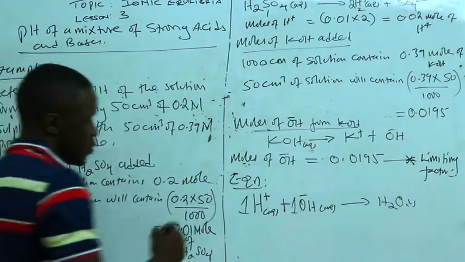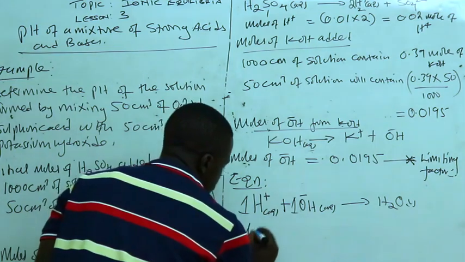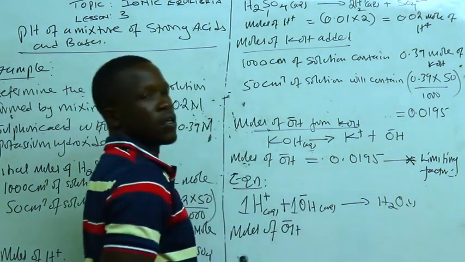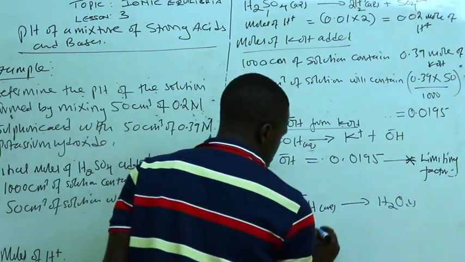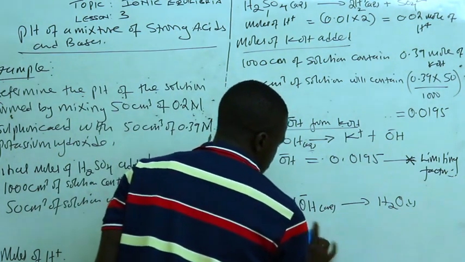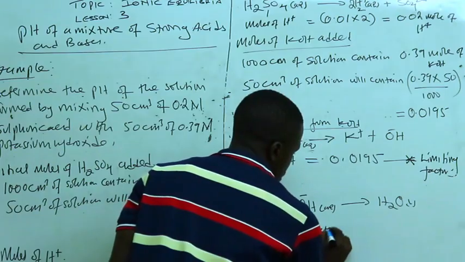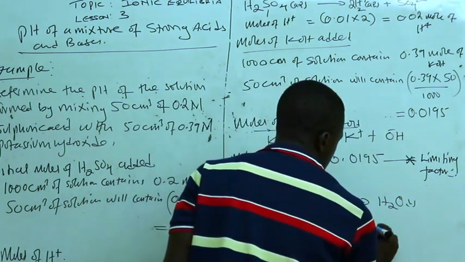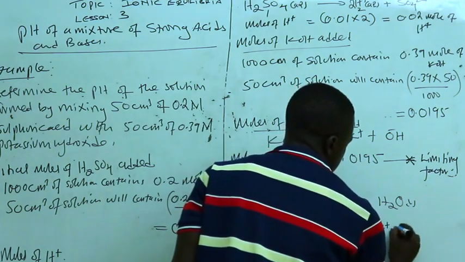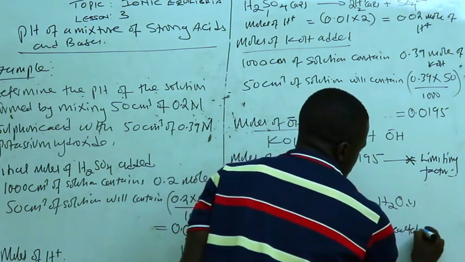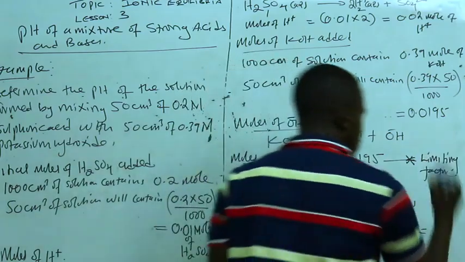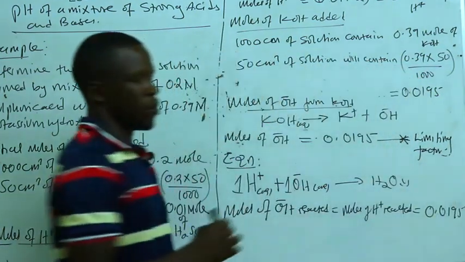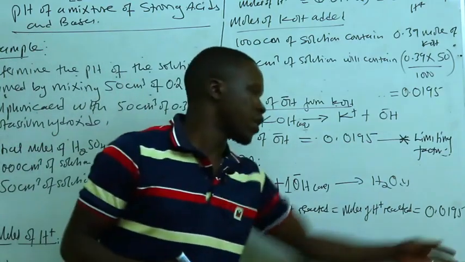So we shall be saying that moles of the OH ions reacted are equal to moles of acid reacted, and that will be of the smaller value 0.0195, because it is the limiting factor.